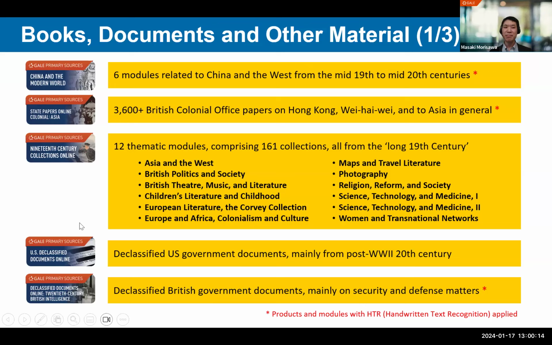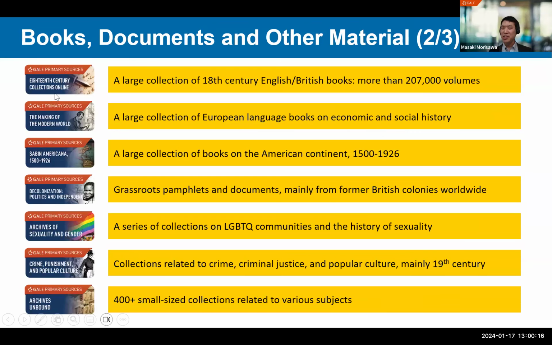And then we have 18th century books, books on economic and social history, books on America, pamphlets from decolonized former British colonies, a collection about gender, archives of sexuality and gender, crime, punishment, and popular culture. And Archives Unbound is a place where we put small size collections that don't fit anywhere else. So these are many different subjects. In fact, we have more than 400 of them, and many of them are actually Asia related as well.